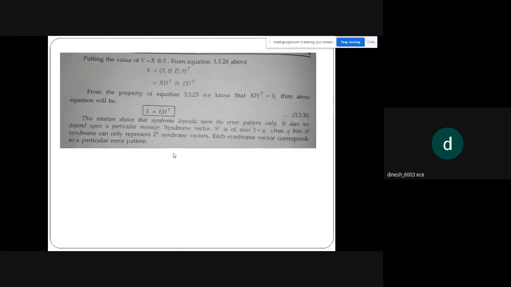We'll be getting X H transpose modulo 2 addition E H transpose. We always know that X H transpose is always 0, from the property of syndrome. So we can calculate syndrome is equal to E H transpose.